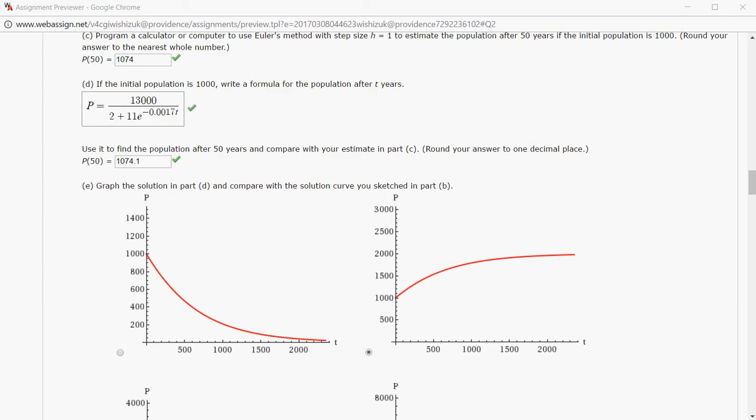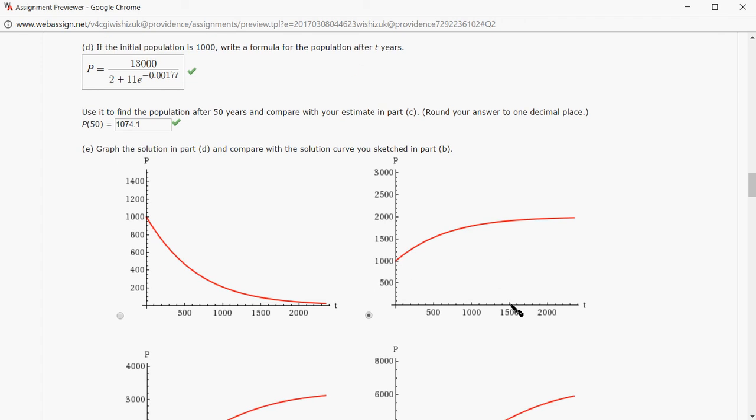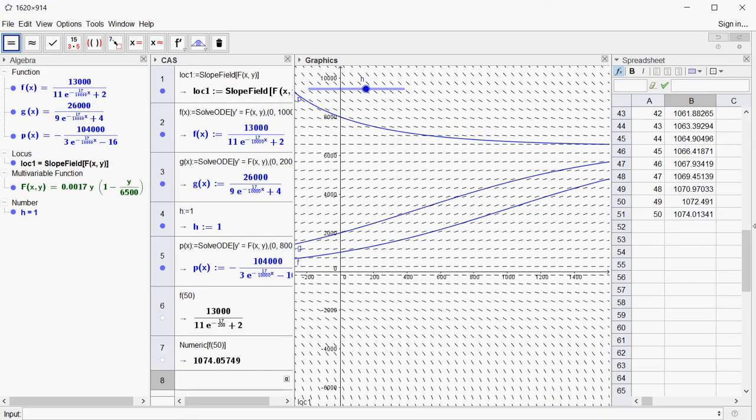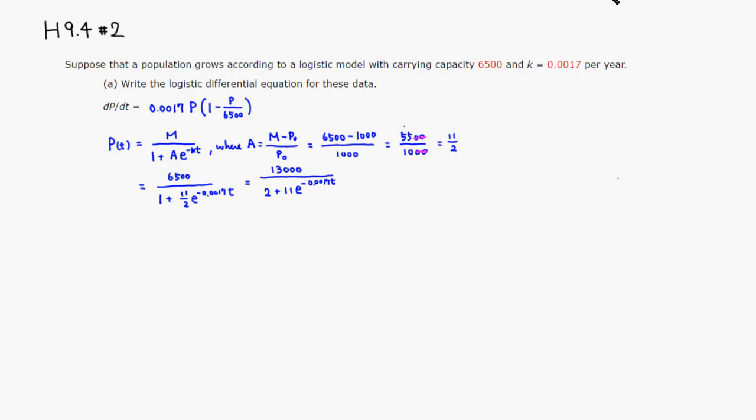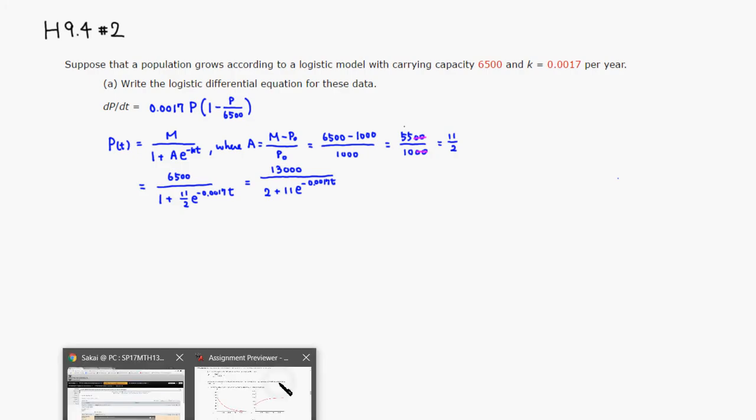Then part E, we want to look at the picture. We've already done that. The one with 1,000 is concave up in the beginning and then concave down. Let's see if we can find it.